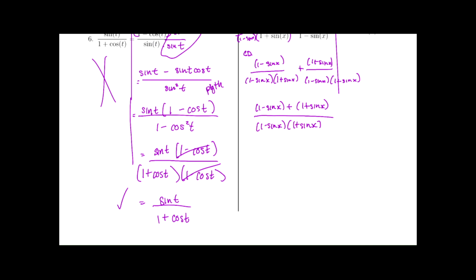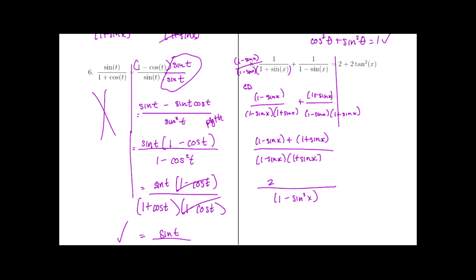So I can write that as 1 minus sine squared x. And then on the top, if I combine like terms, I would have 1 plus 1, that's 2, and then negative sine x, positive sine x, so plus 0. So I just have a 2 over 1 minus sine squared x.